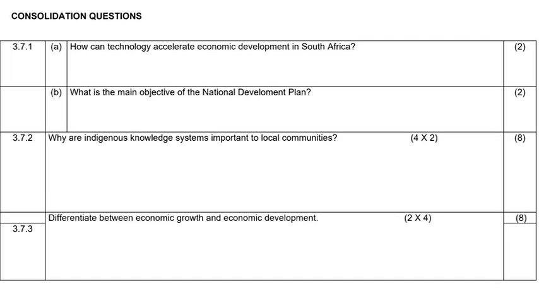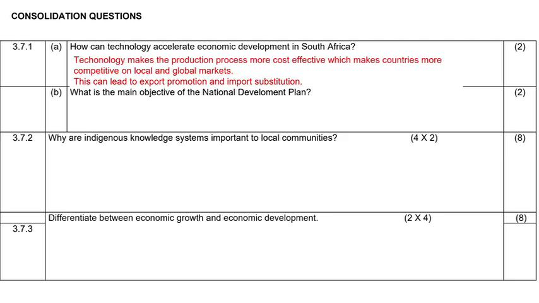Right, the consolidation questions regarding our economic development. How can technology accelerate economic development in South Africa? Technology makes the production process more cost-effective, which makes countries more competitive on both the local and global markets.